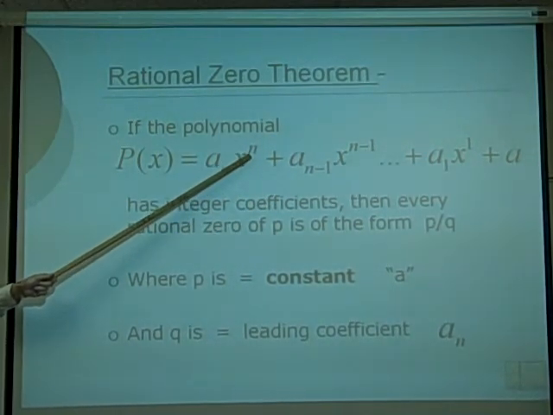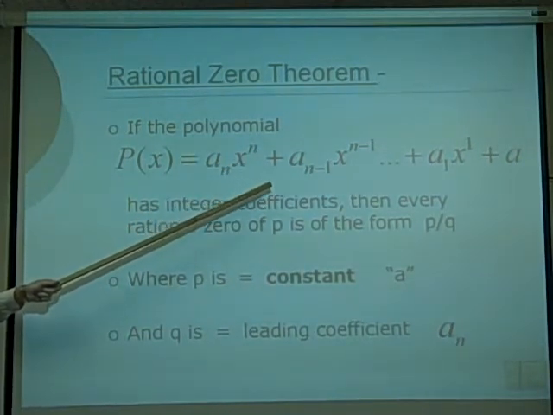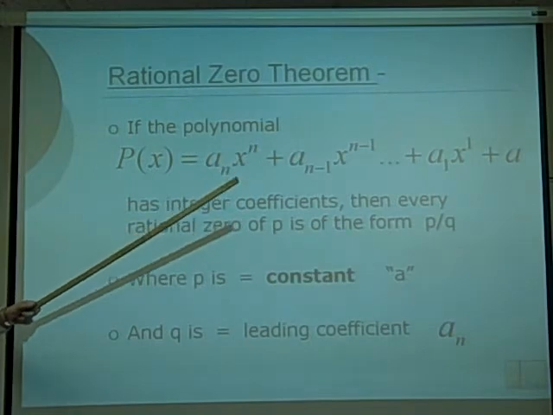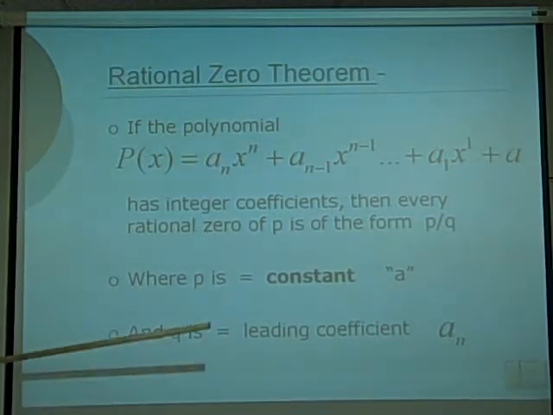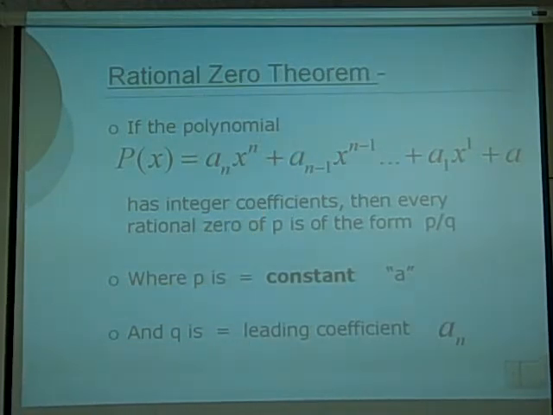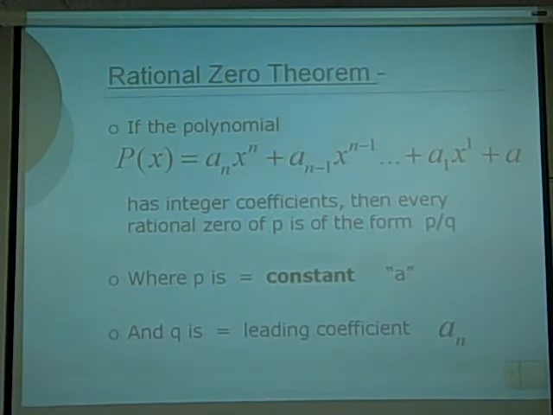So if we had x to the 7th power, the next one would be x to the 6th, then the 5th, and 4th, all the way down to x, and then plus our constant. Where p is our constant for our last term. And q, that's our leading coefficient.